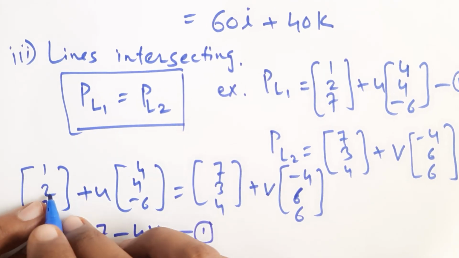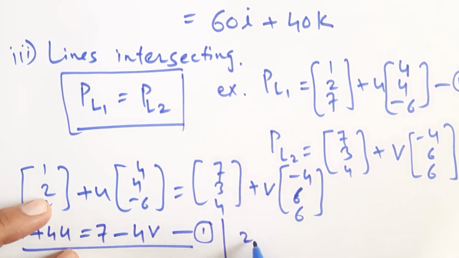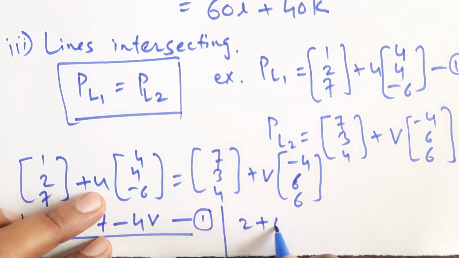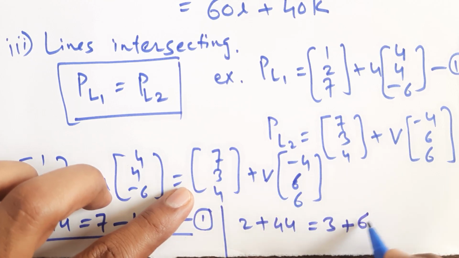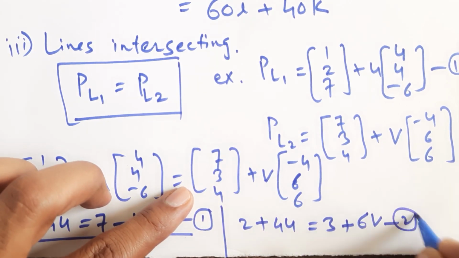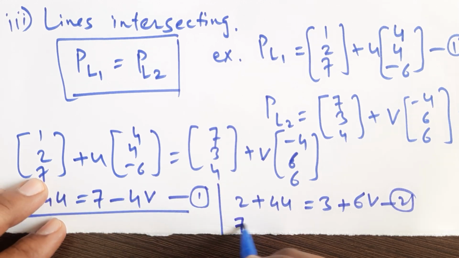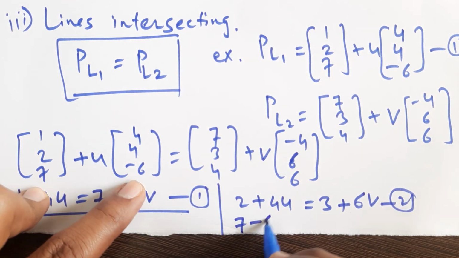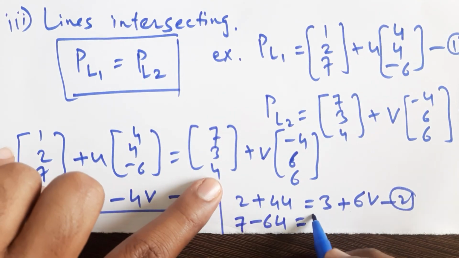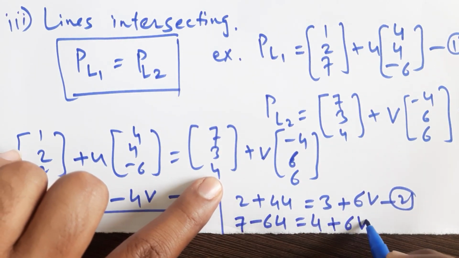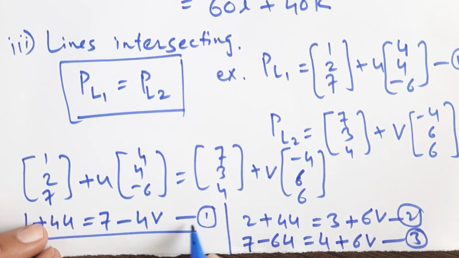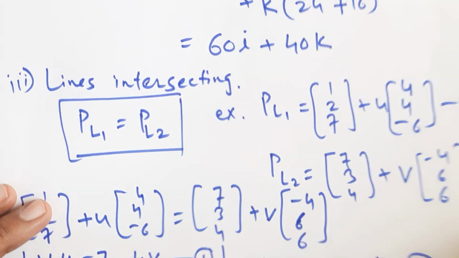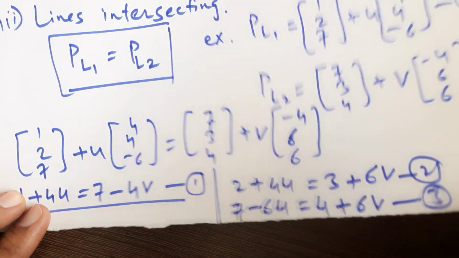Similarly, 2 plus 4u is equal to 3 plus 6v. This is the second equation, and 7 minus 6u is equal to 4 plus 6v. This is the third equation. If you solve these three equations, they should be satisfied. If these equations are satisfied, then you can say that the lines are intersecting. Okay, thank you.